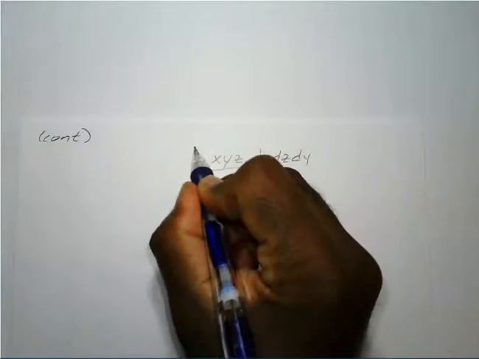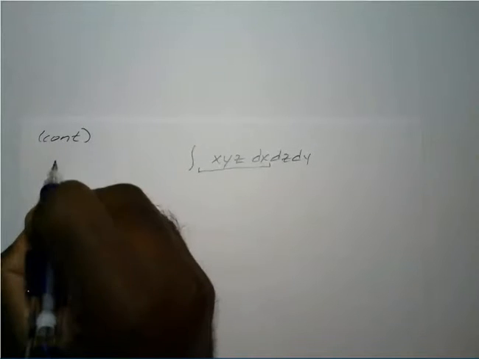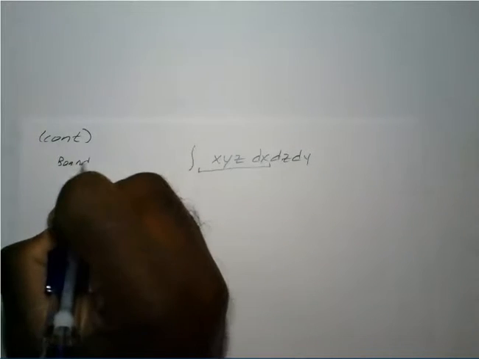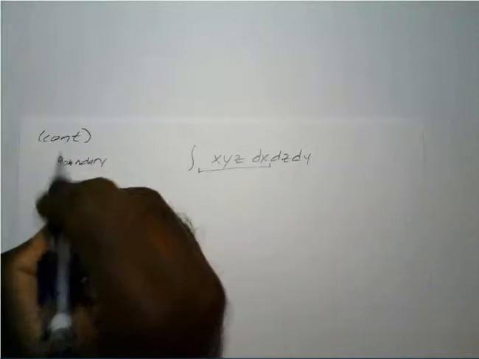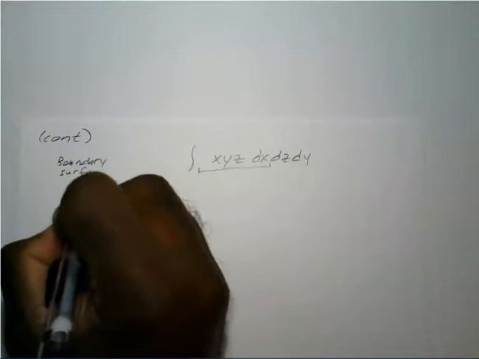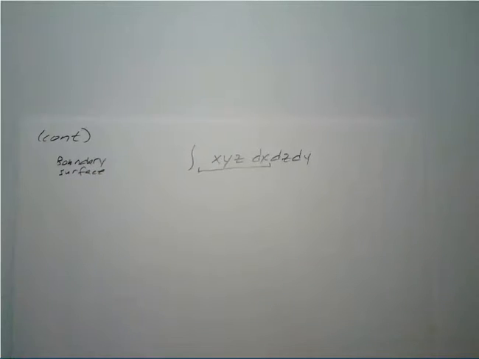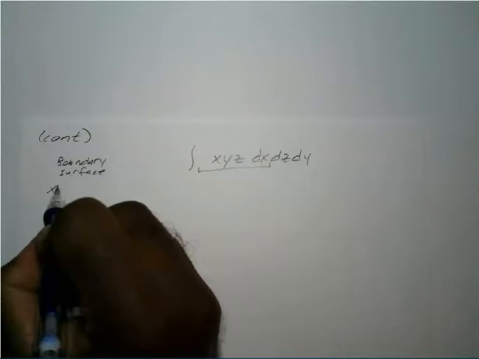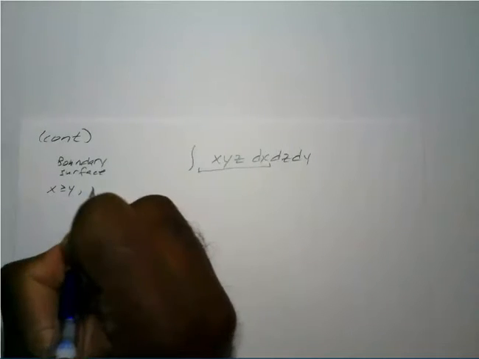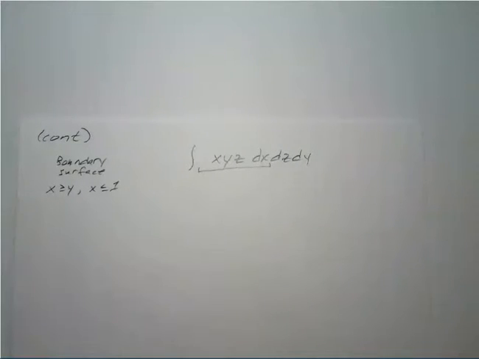Okay, so if we integrate, we have to find our boundary surfaces. If you remember, x is greater than or equal to y, and x is less than or equal to 1.